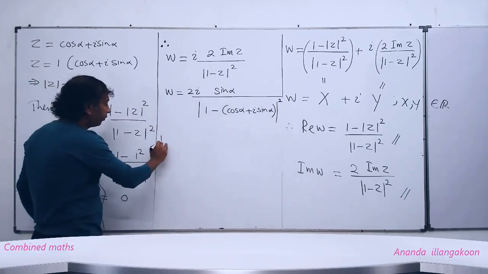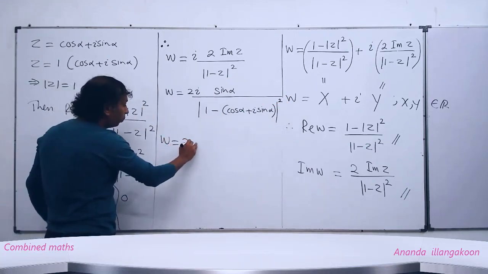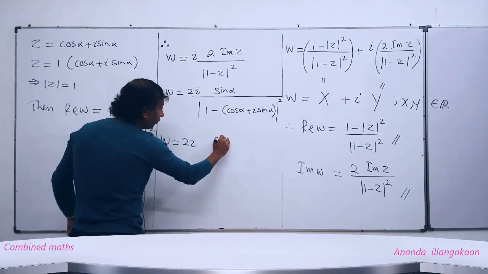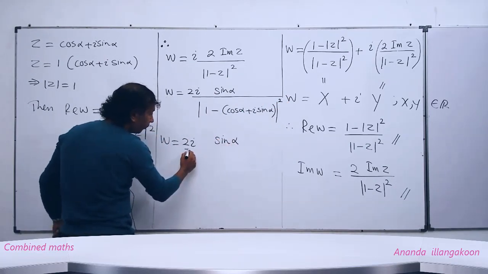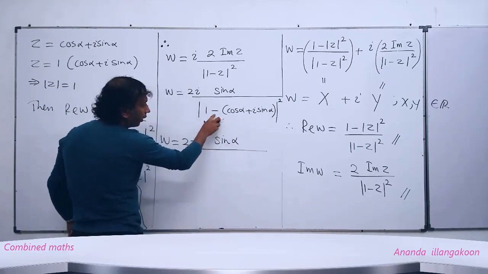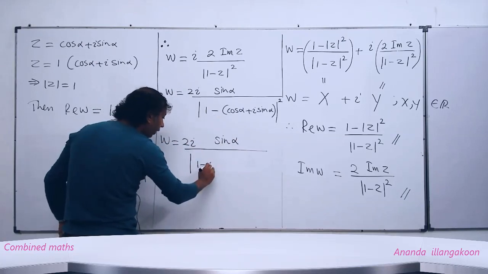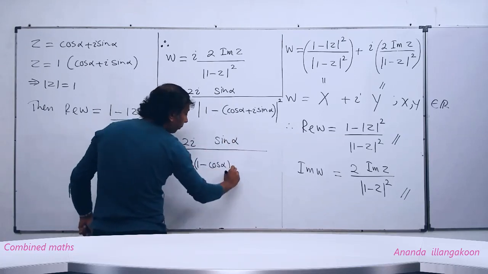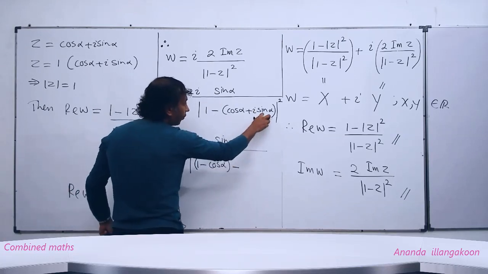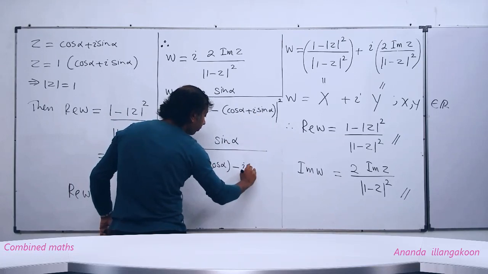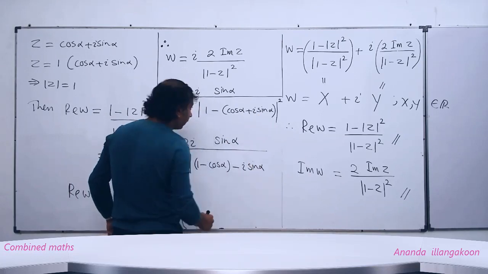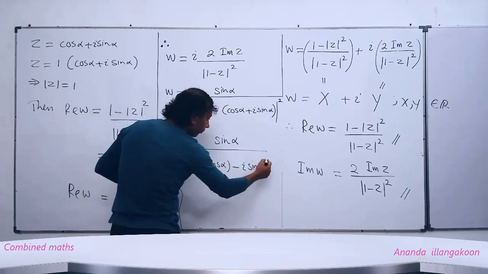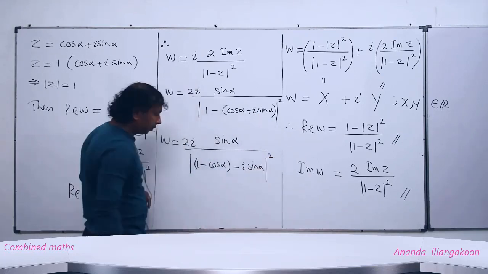Then we can write W equals 2i sin alpha divided by, I can write this one how, people? 1 minus cos alpha minus i sin alpha, within modulus, squared.